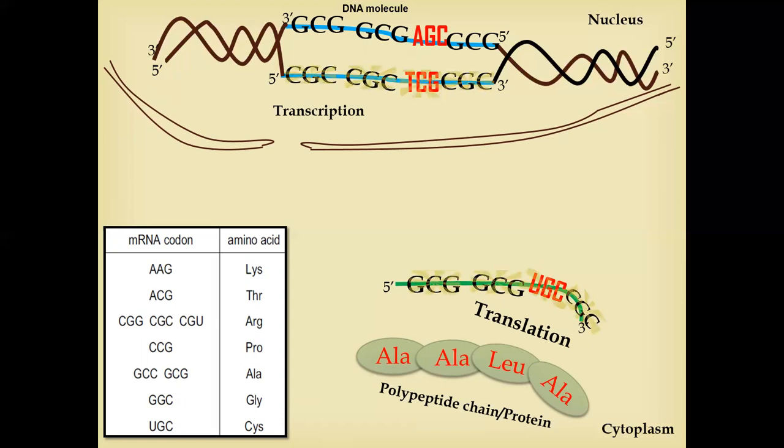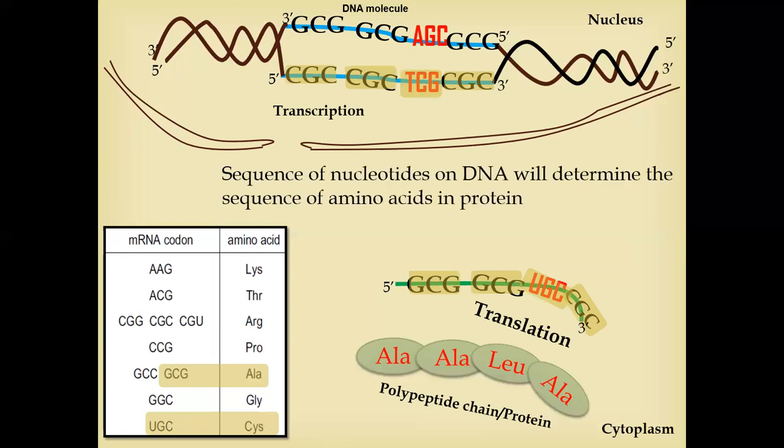For example, the one concept is that whatever the sequence of nucleotides on the DNA, there will be the complementary sequence of nucleotides on the messenger RNA. And this messenger RNA sequence will determine the sequence of amino acids in the protein structure. So whatever the sequence of nucleotides inside the DNA, this will directly determine the sequence of amino acids in the protein, while the sequence of amino acids in the protein will determine the characteristics of the protein.